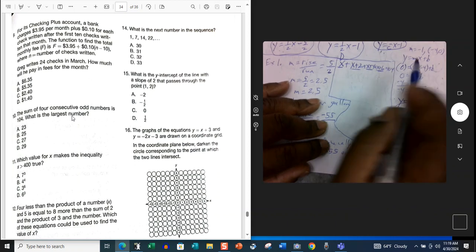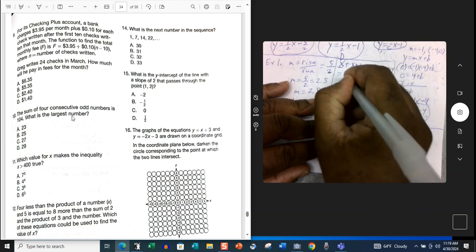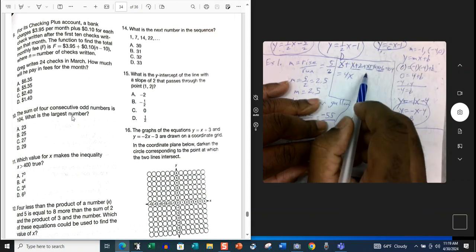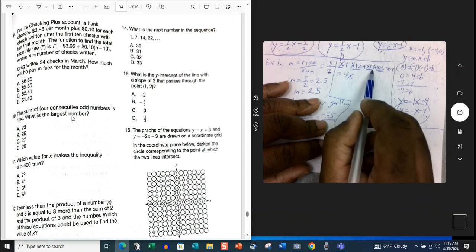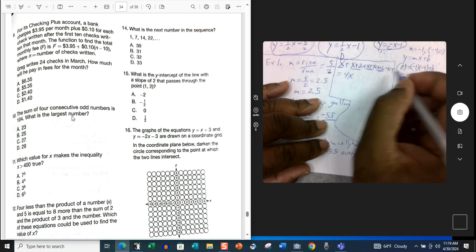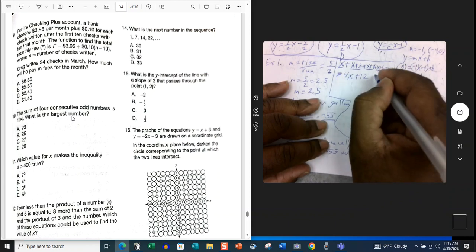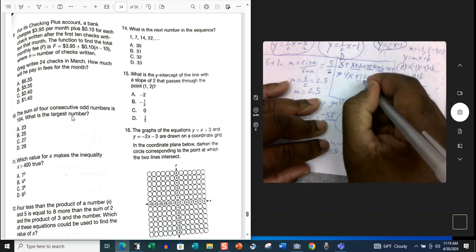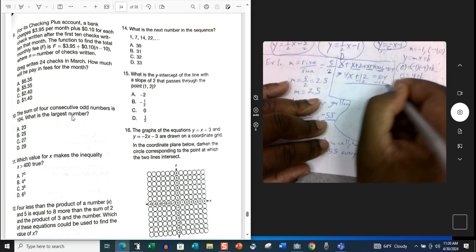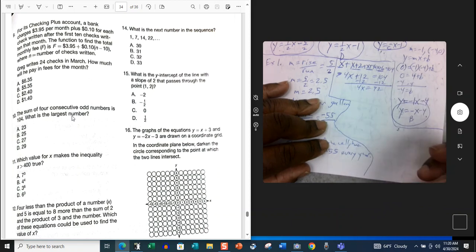Okay, so now we can combine like terms. We have 4 x's, so that'll give us 4x. And then we add the numbers. 2 plus 4 is 6, plus 6 is 12. So we have 4x plus 12 is equal to 104. We'll subtract 12 on both sides. And 4x is equal to 92.